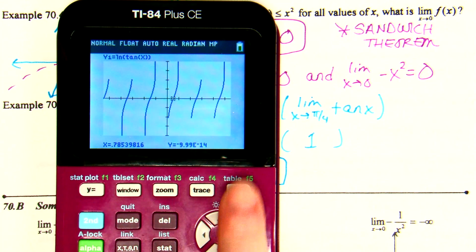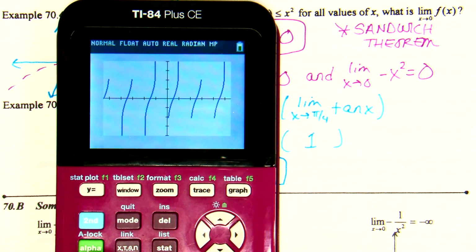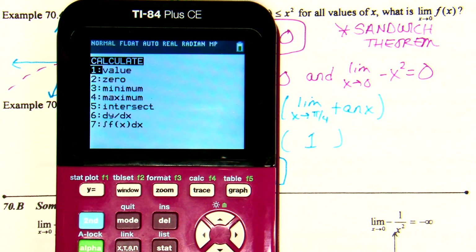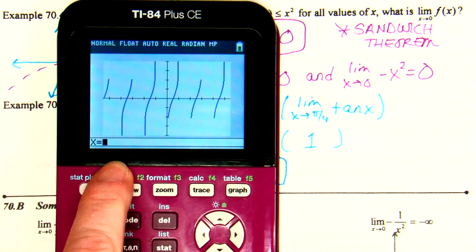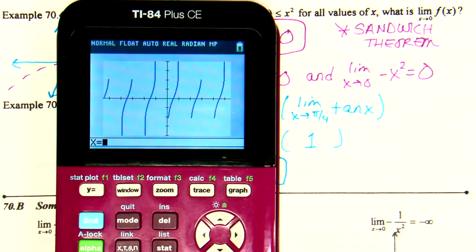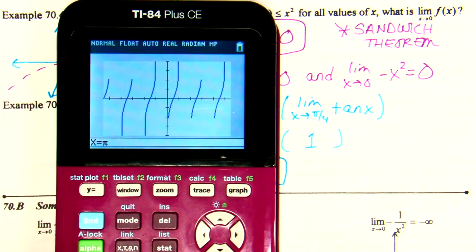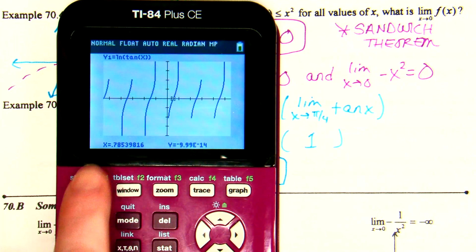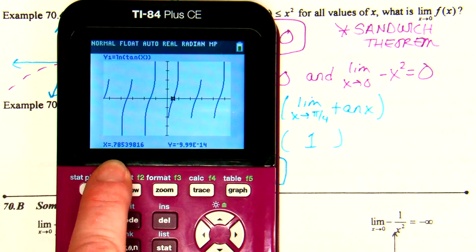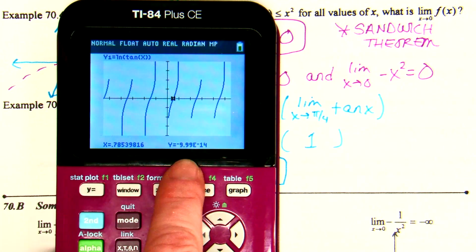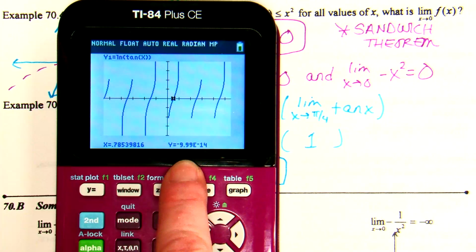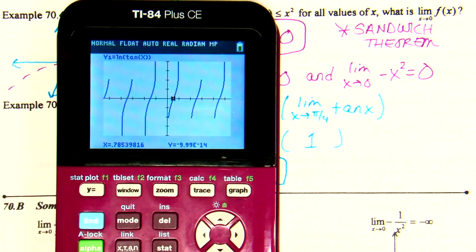You can also do second calc, number 1, and it gives you an x equals box down at the end. I type in pi divided by 4, and notice it changed it to a decimal. Negative 9.99 e to the negative 14.